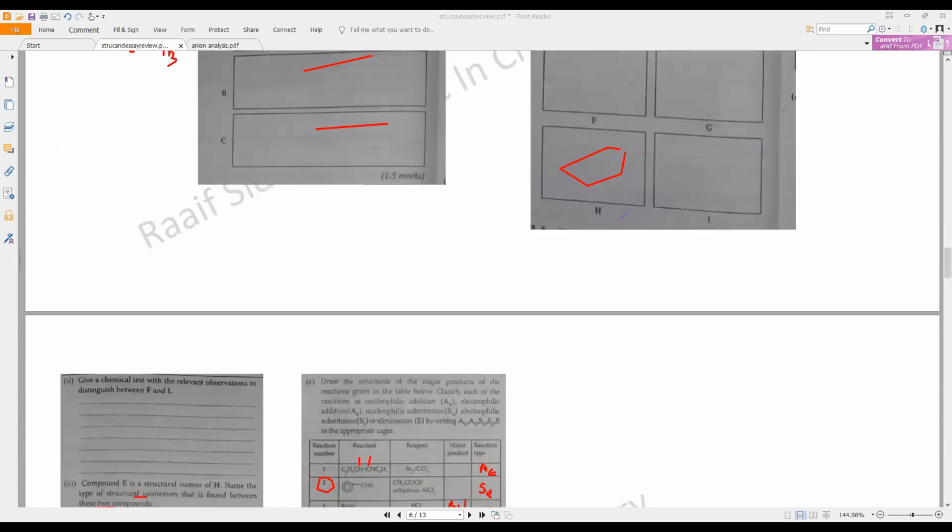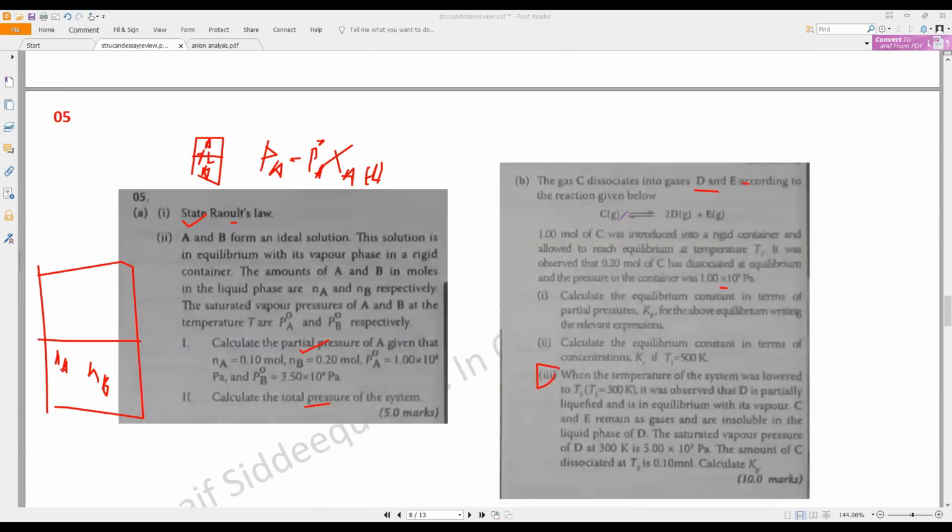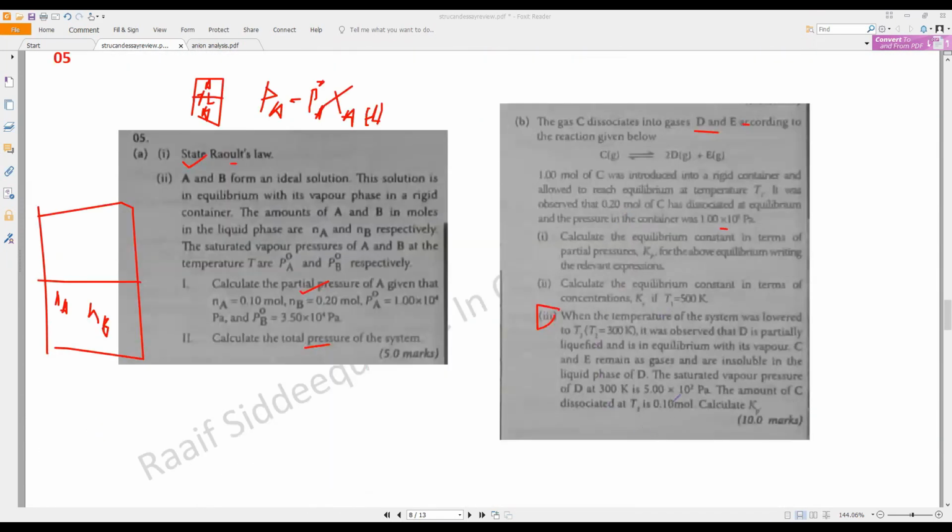And here in question number 5, you can see how they have combined a little part of chemical equilibrium with heterogeneous phase equilibrium. You see how they have combined? Similar combinations can even be seen in 2018 and 2019 as well, where they combined chemical kinetics with equilibrium. So this is very nice.